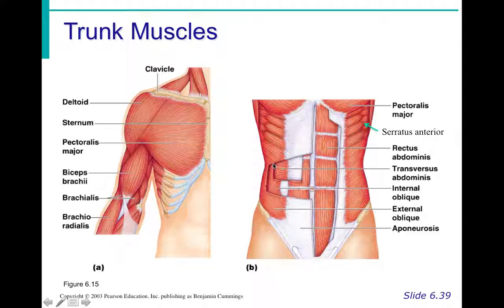And the transverse abdominis is going to aid with forced expiration, or contracting that abdominal cavity. So there's your abdominal muscles that you're going to need to know. Cool? External oblique, internal oblique, rectus abdominis, which means straight, transverse abdominis, which means across, serratus anterior, pectoralis major, and you've got the trunk done.